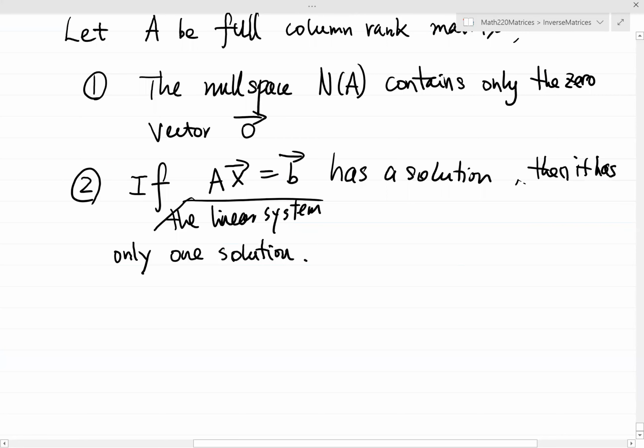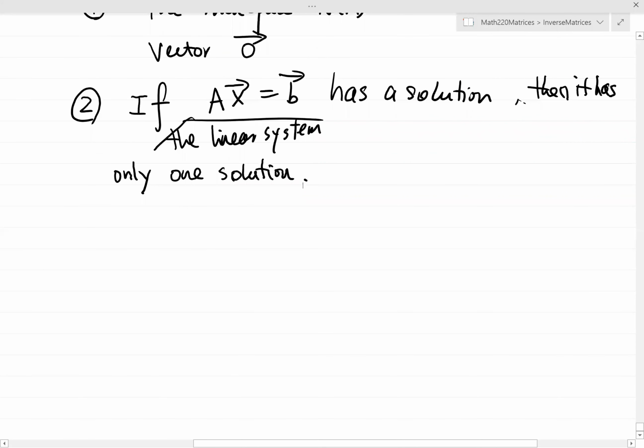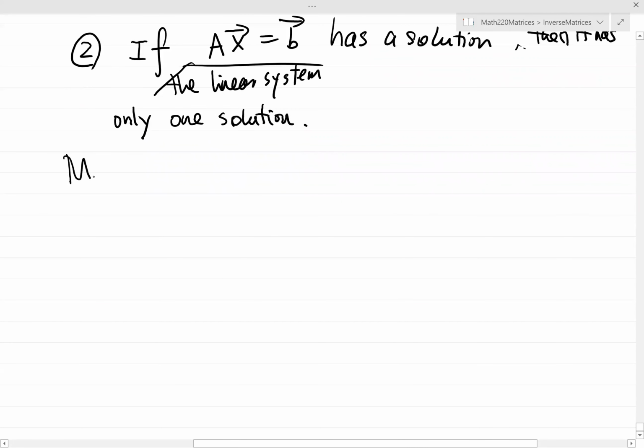Now you may ask, what happens for a matrix with full row rank? Let's talk about matrices with full row rank.